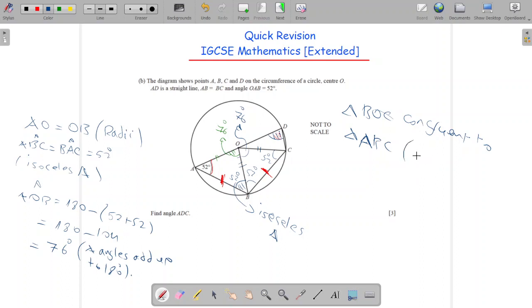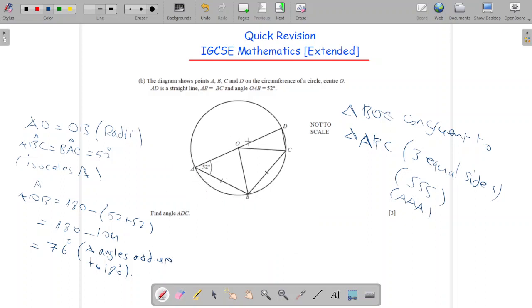Because they have three equal sides, and also they have equal angles. You can apply the rule SSS, if you remember that topic. Now we're going to erase all of this. We're going to keep the important thing for the area. We say that this is equal to 76 and this is equal to 52.